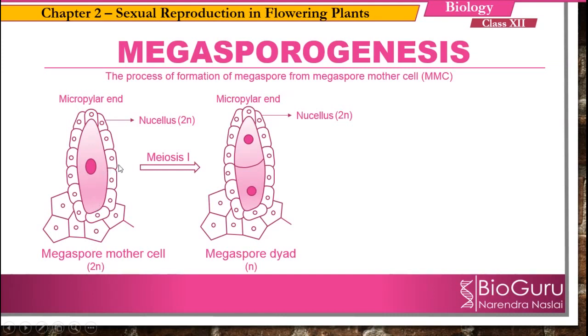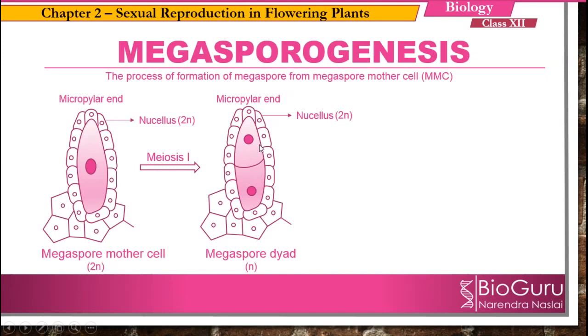After undergoing meiosis 1, the resulting two cells are haploid. Clear? So here the number of chromosomes is reduced to half. 2n will become only n. So this one particular cell is haploid and this one is also haploid. And this happens in meiosis 1.